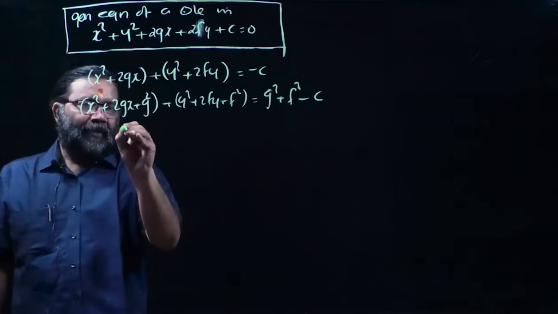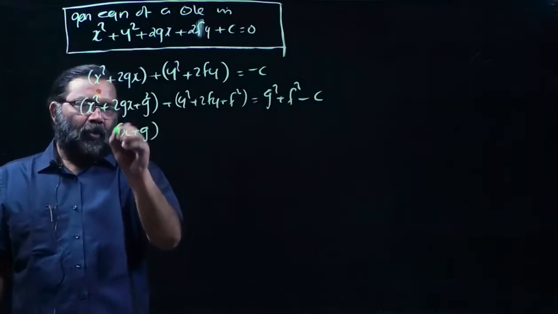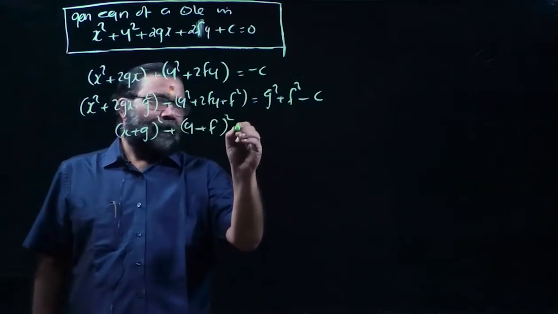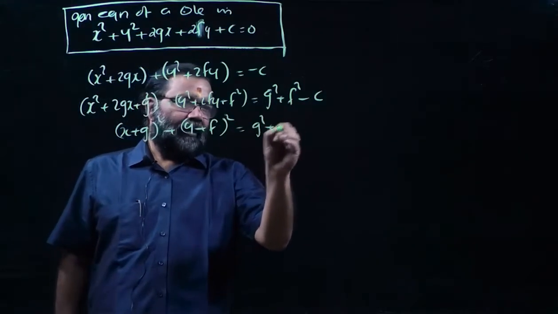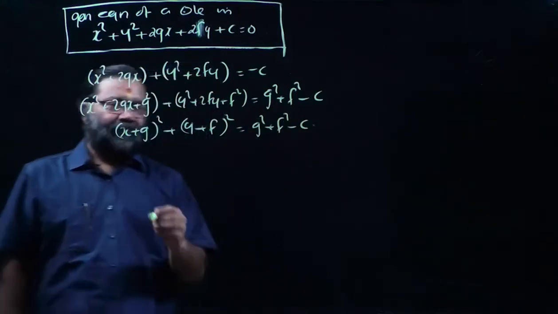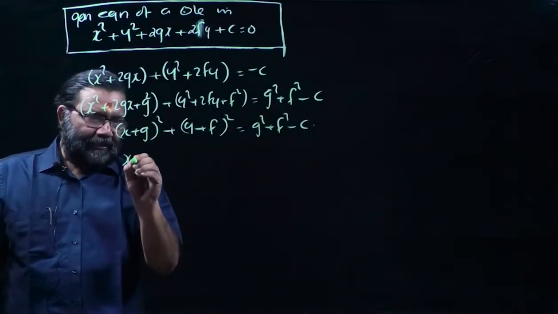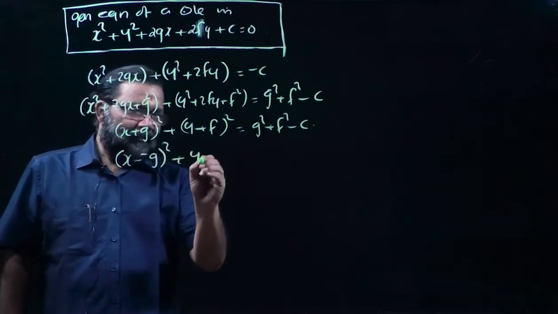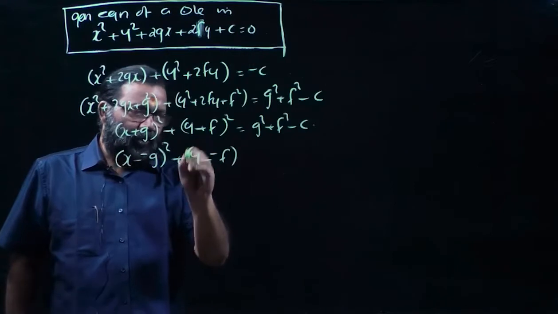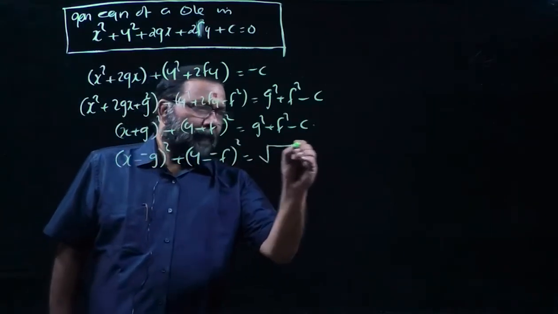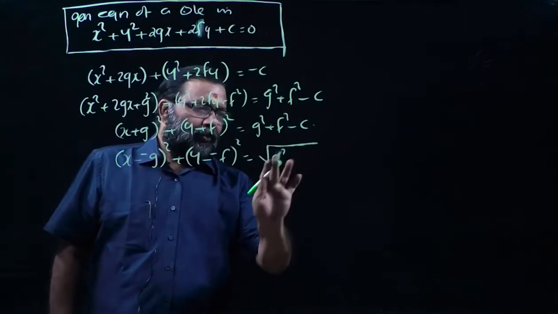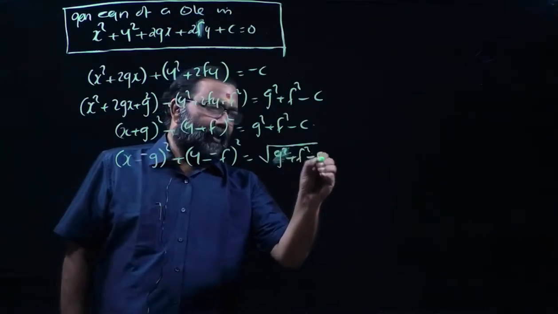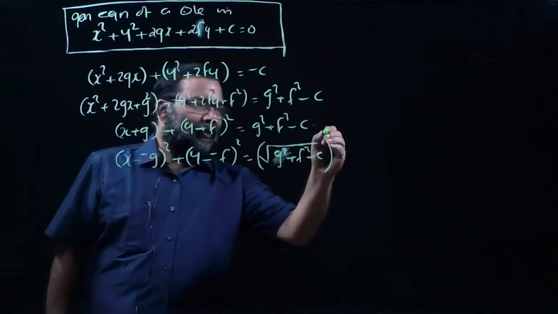What is this? x plus g whole square plus y plus f whole square equal to g square plus f square minus c. This can be written as x plus g whole square plus y plus f whole square equal to root of g square plus f square minus c, the whole square.